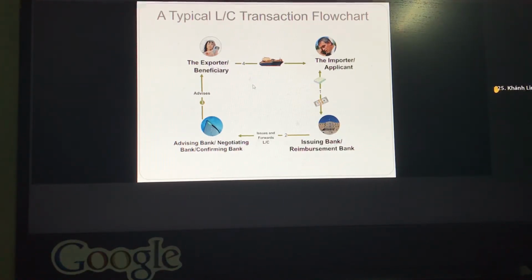I think if we omit step number 4, maybe the exporter is out of stock, or someone else bids more expensive, so they cancel the goods for this one. That's important.